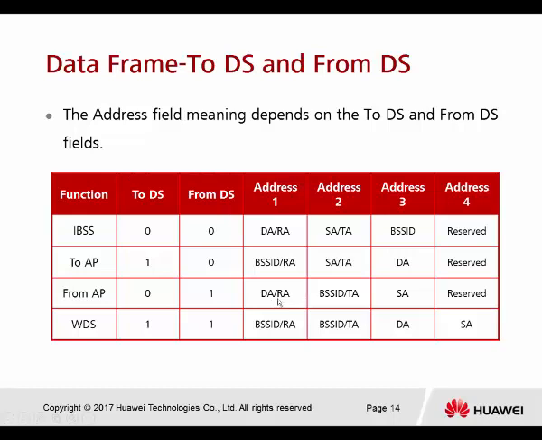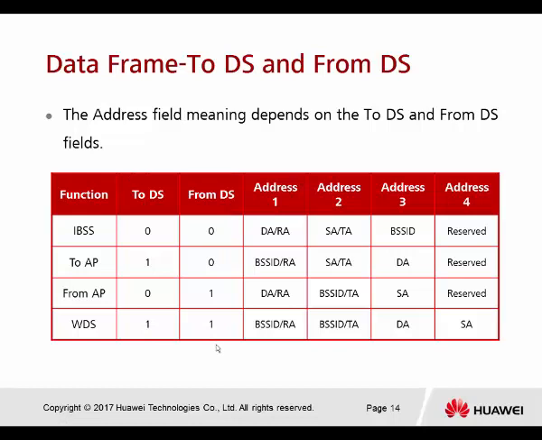So this is the destination, and address number 2 is the BSS ID, which AP it comes from. Field number 3 is the source address, so who originated this frame? And the last, WDS. This one only happens when the To DS and From DS bits are both 1.